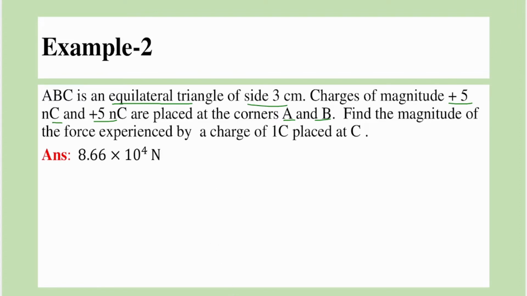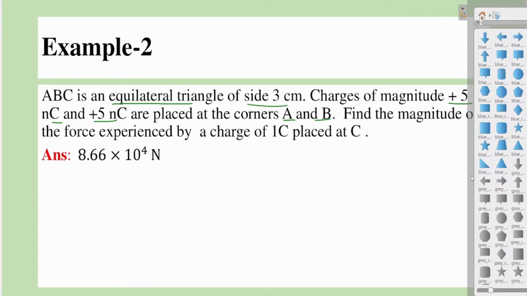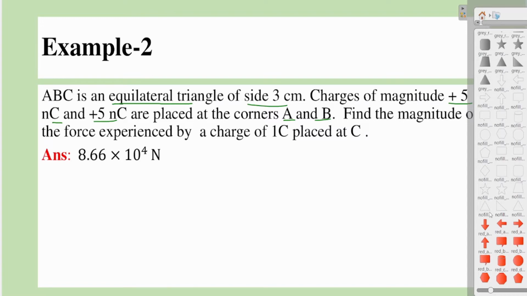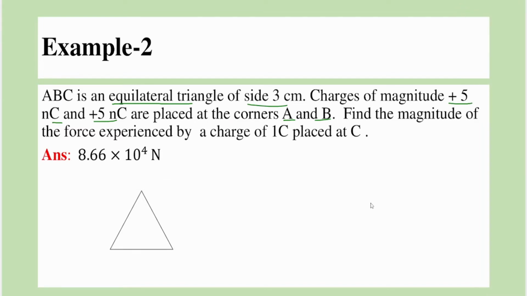Again, it's a similar approach. So we'll draw the triangle first. Since here it is an equilateral triangle, we'll draw the triangle here. So it has 3 points called point A, point B, and point C. In this case, all sides have the same value of 3 cm.